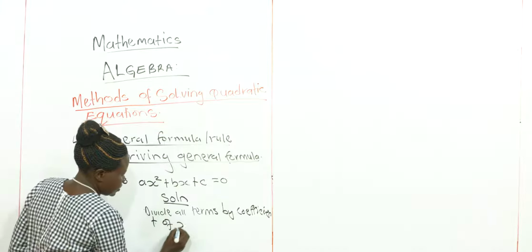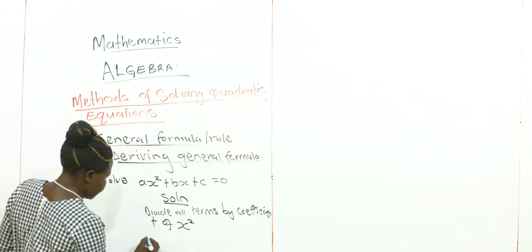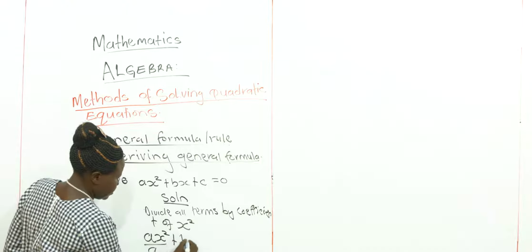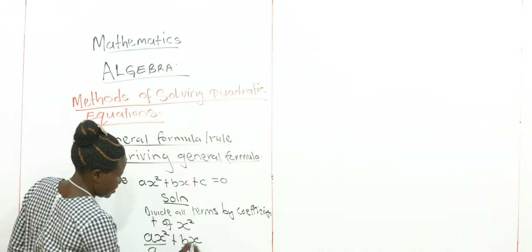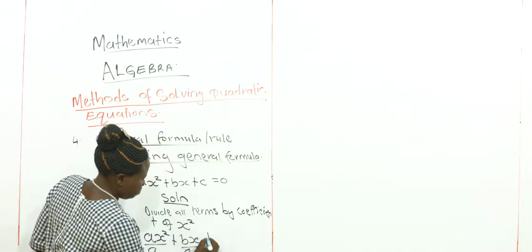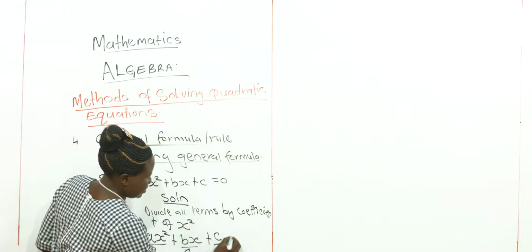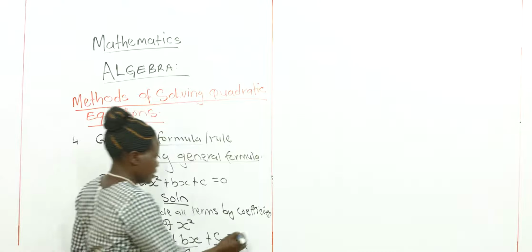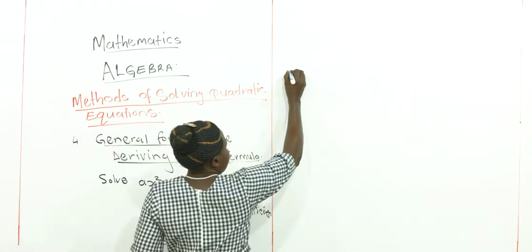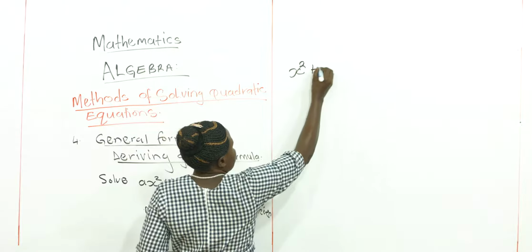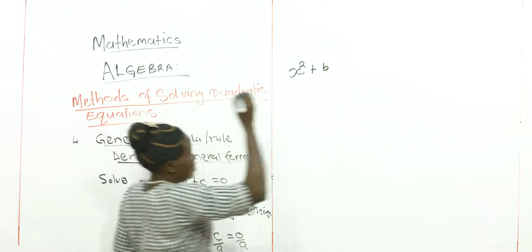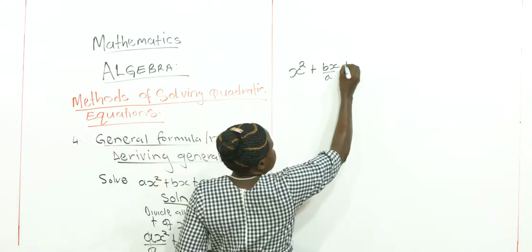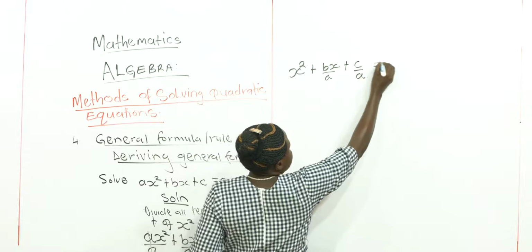So we divide: a x square divided by a, plus b x divided by a, plus c divided by a, equals 0 divided by a, so that the a cancels and 0 remains. We now have x square plus b x out of a plus c out of a equals 0.